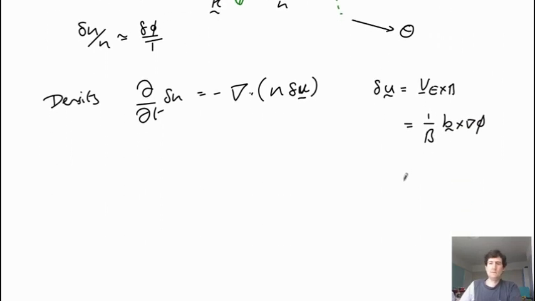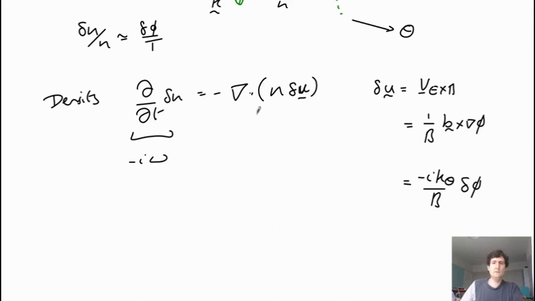And so this just becomes k theta over B. So this B cross grad is the gradient in the direction perpendicular to the field, which here is the poloidal direction, times the perturbed field. So this part here becomes a minus i omega.